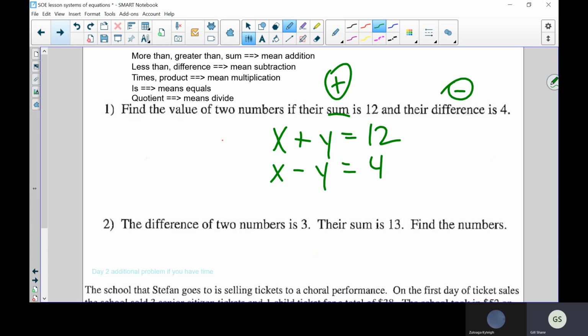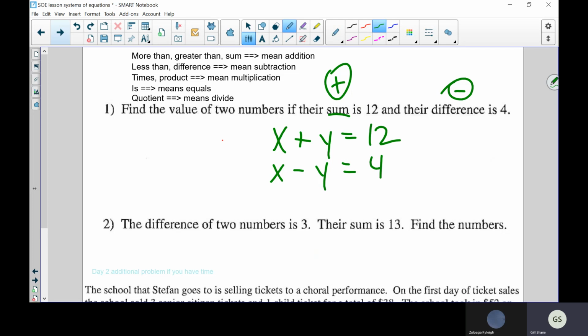Maybe 10 people got it right. He's probably trying to combine them somehow, because 12 minus 4 equals 8. Well, yeah, but we're not doing that. You could when you went to solve them out. Now that we know how to do elimination, you could solve it that way, but you wouldn't subtract them, you'd be adding them together.